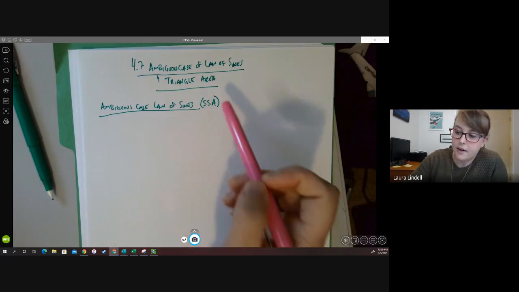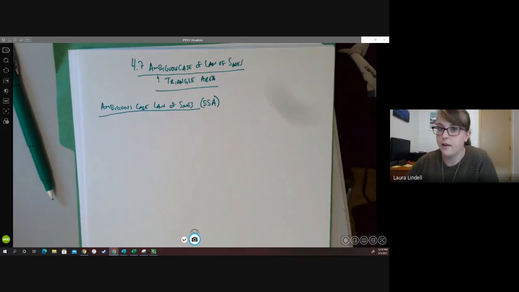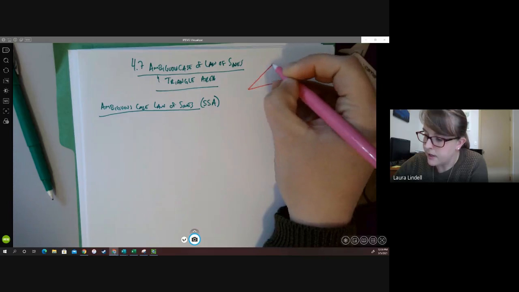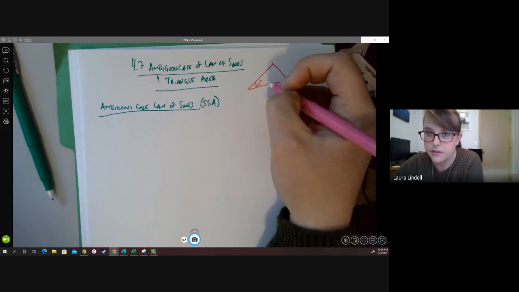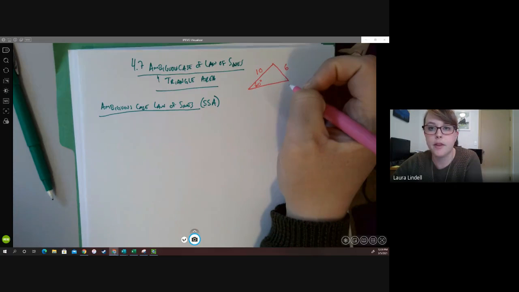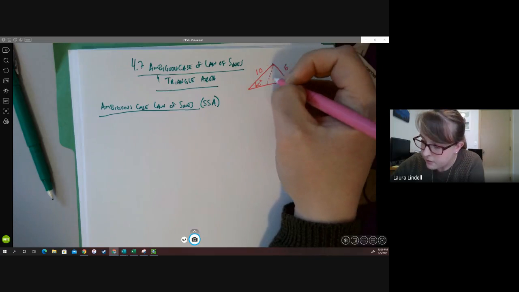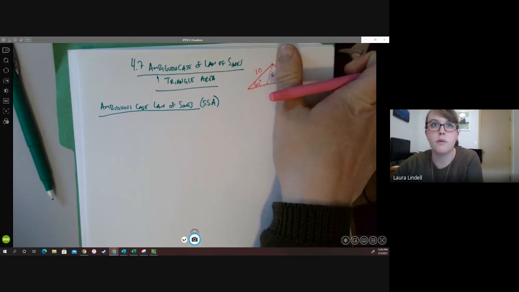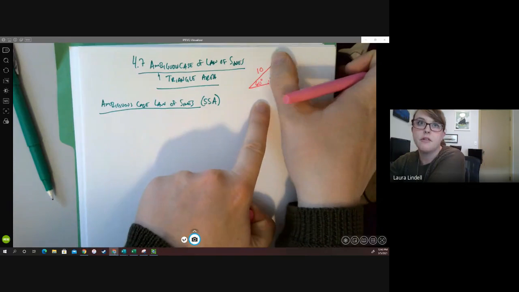So because of that, with the ambiguous case of the law of sines, for example, if I were to know that this was 60 degrees, this side length was 10, and this side length is 6, we could be talking about this triangle, but we could also be talking about a triangle like this instead, where we've got the side length 6 coming in this direction instead of out like this.